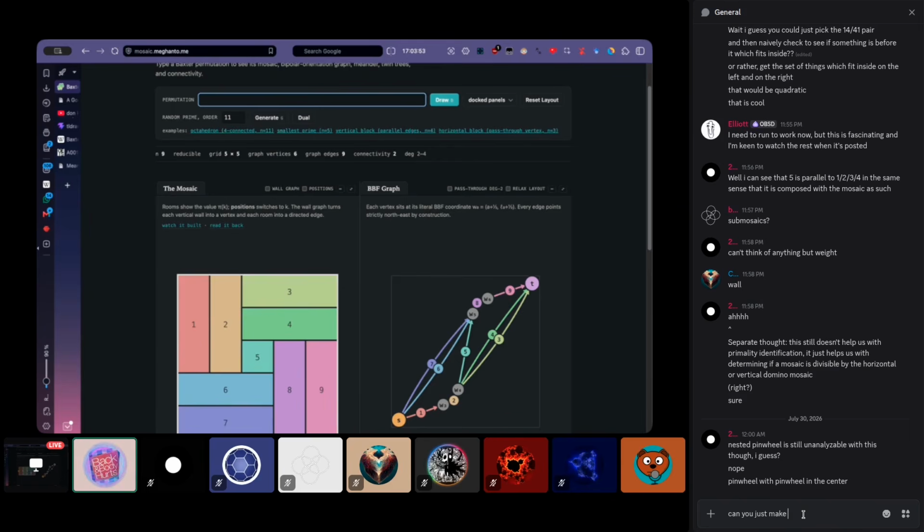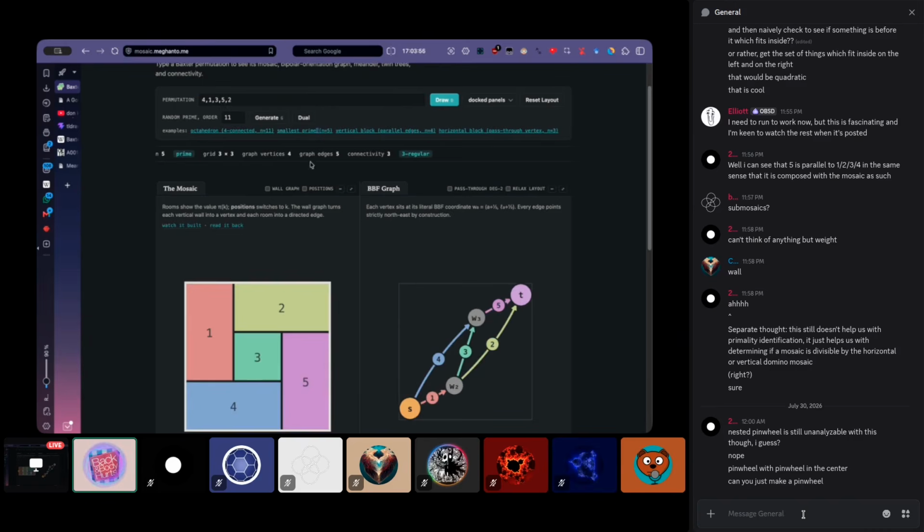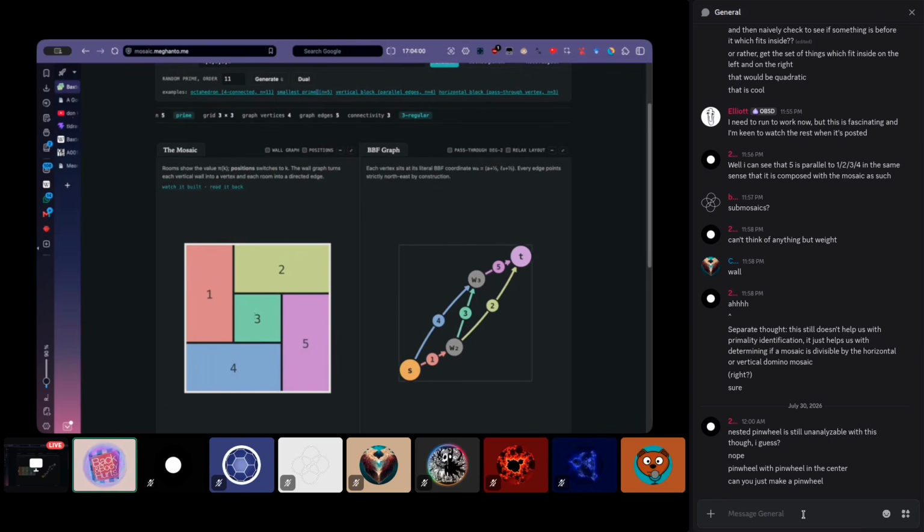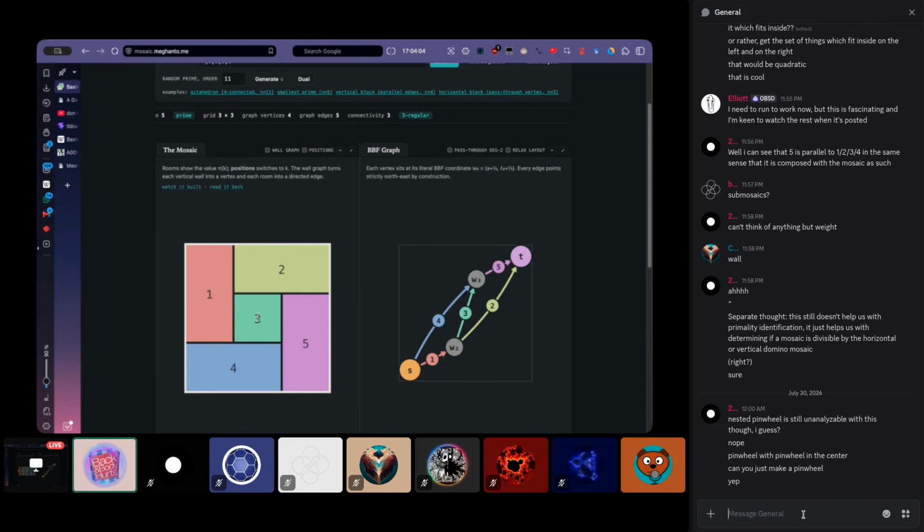Let's see if I can construct it. In here it's going to be a pinwheel, yeah. So 3 is going to be replaced by a pinwheel.